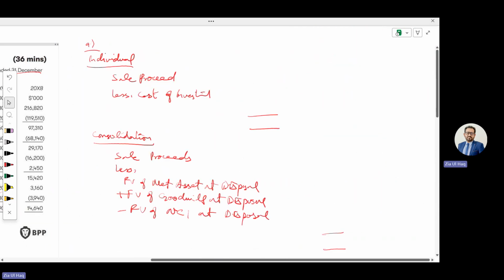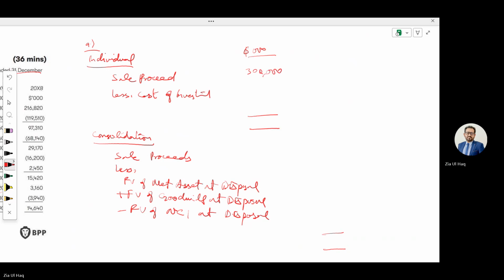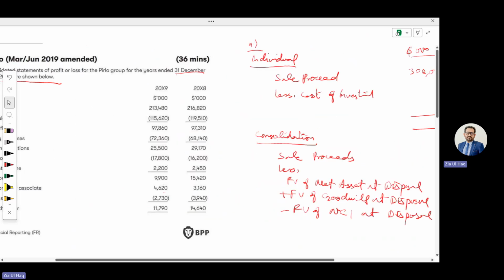We are going to calculate figures in dollars thousand, so the sale proceeds are $300,000 thousand. Okay, let's move on.